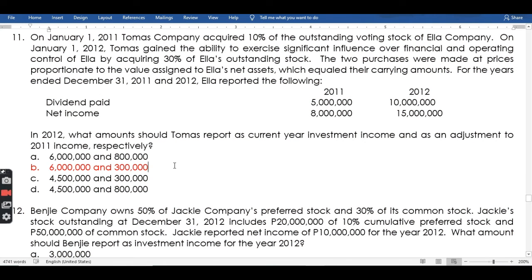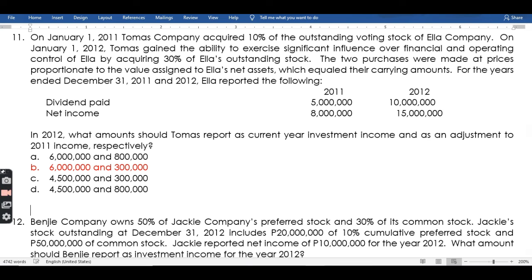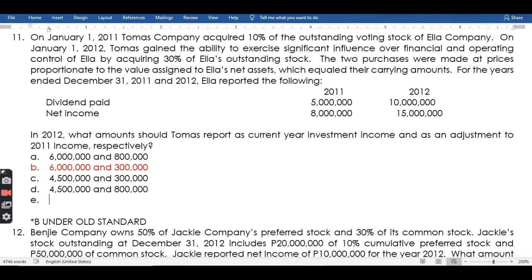Okay. This is, lagyan natin ng note. Letter B under old standard. Okay. Gagawa tayo ng letter E. This is going to be 6 million and 0.